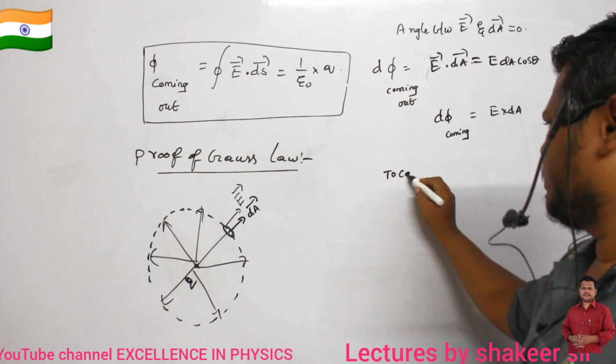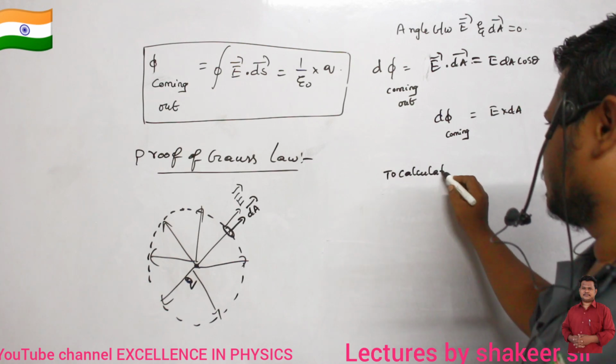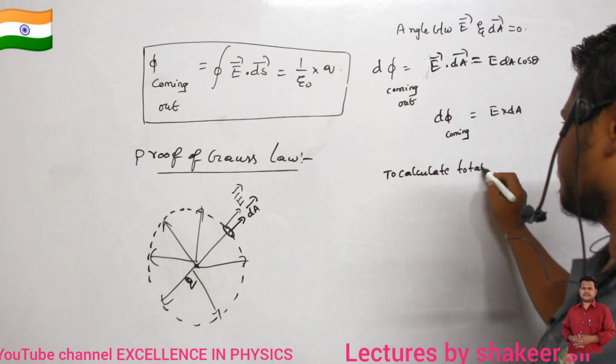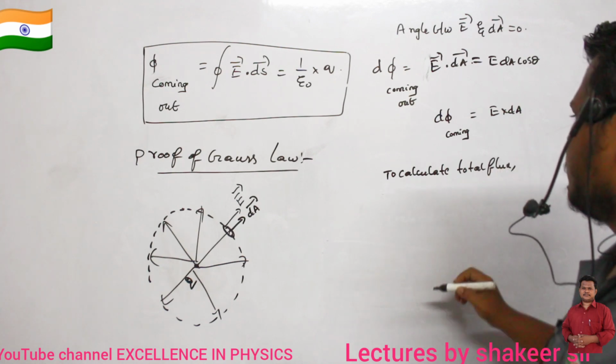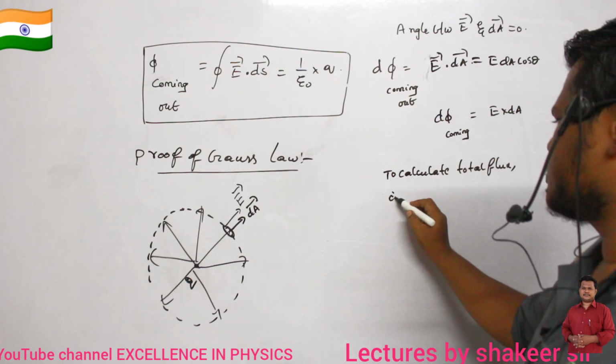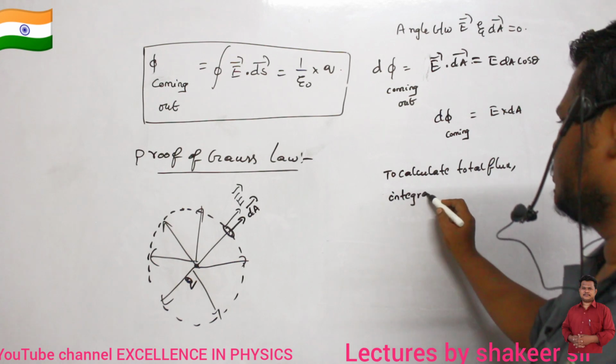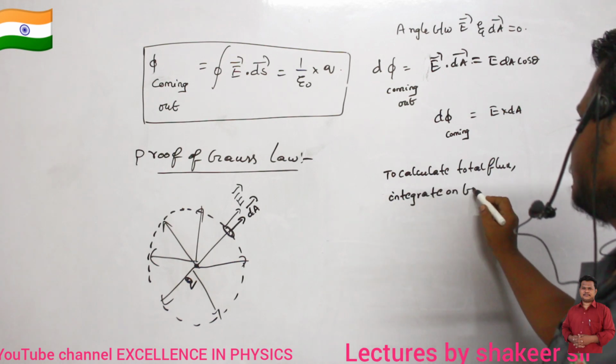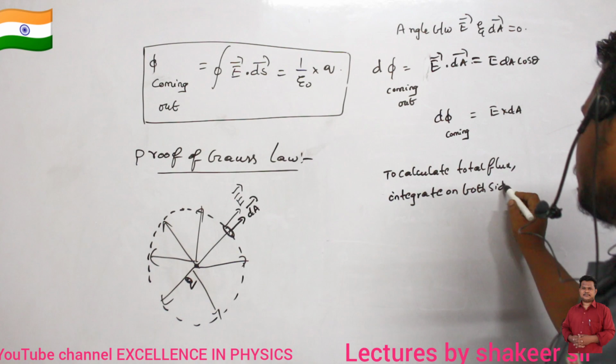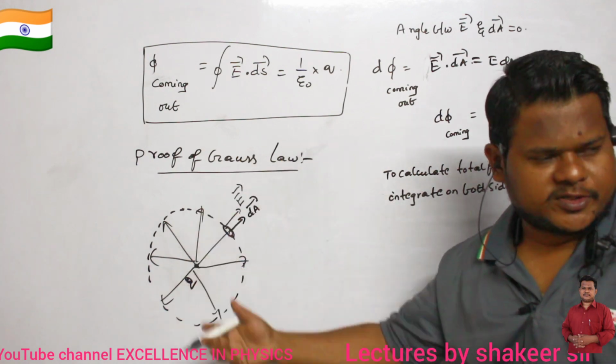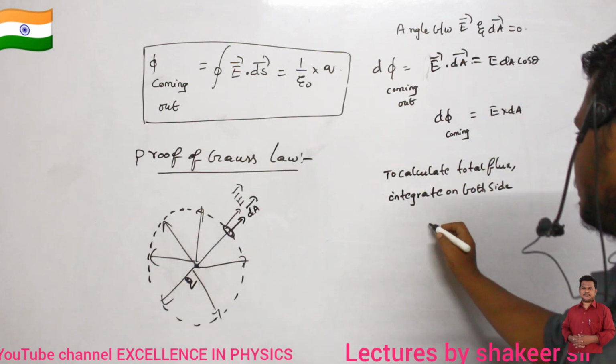So to calculate the total flux, what I have to do? Just integrate on both sides. Clear? To calculate the total flux coming out of this total Gaussian surface, I just have to integrate on both sides.